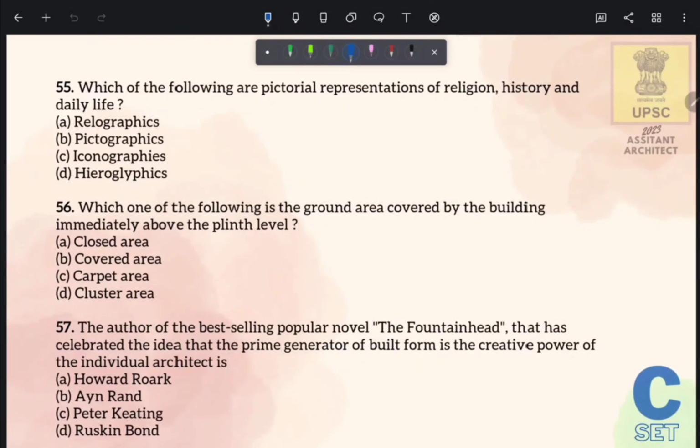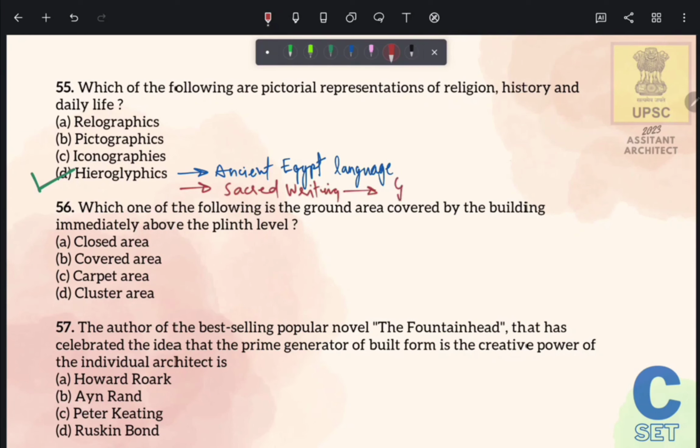Which of the following are pictorial representation of religion, history and daily life? So the correct answer of this question is option number D, hieroglyphics. It is an ancient Egypt language. It is also referred as sacred writing or God's word.